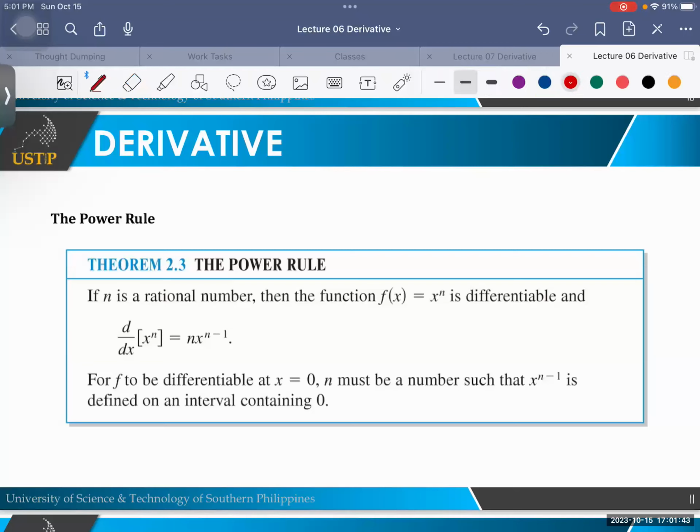So, if n is a rational number in this power rule theorem, the function f of x equal to x to the n is differentiable, and its derivative is n, bring down the n, then retain x, and for the exponent, subtract 1.